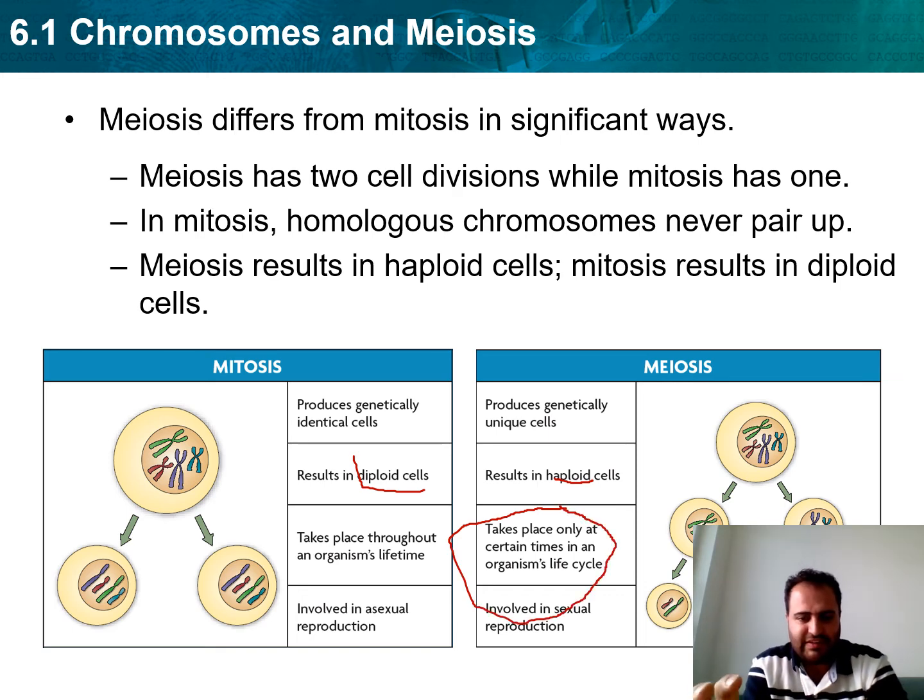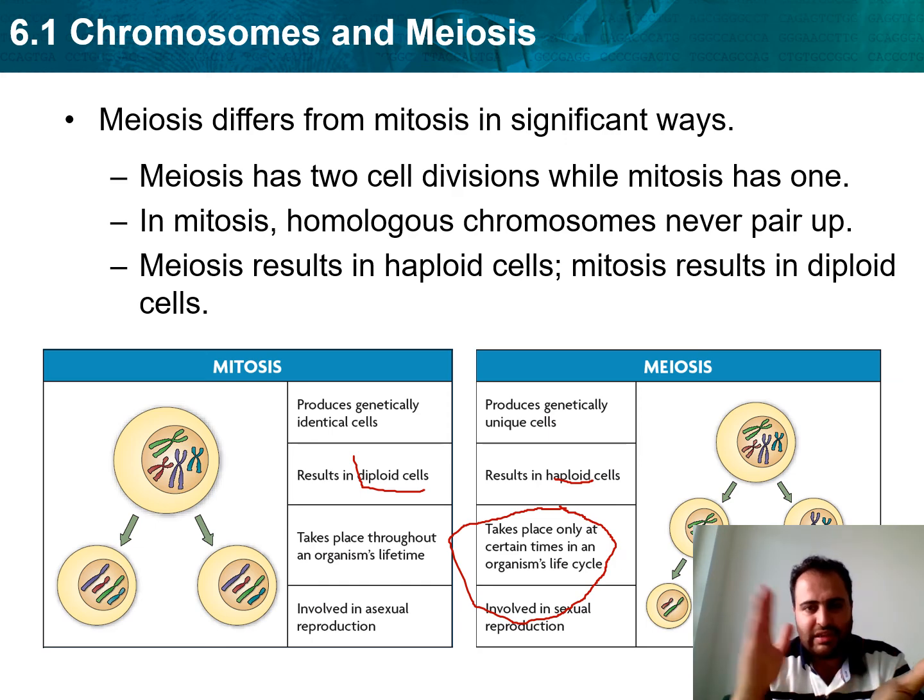When we say that it takes place only at a certain time, it means that meiosis doesn't happen all the time. It starts in males at puberty and lasts forever. For sure, over time it's going to be less efficient, but it lasts forever. For this reason, a male at the age of 70 is still capable of producing sperm.